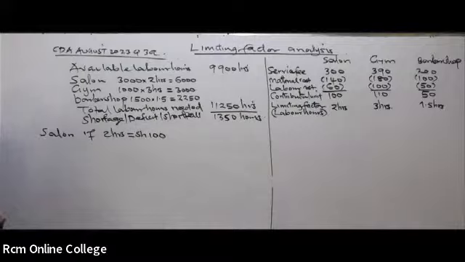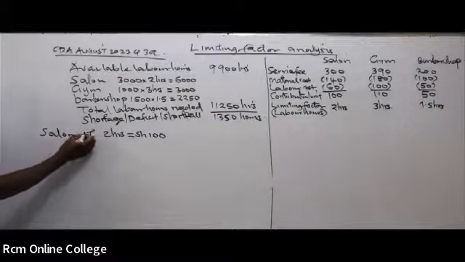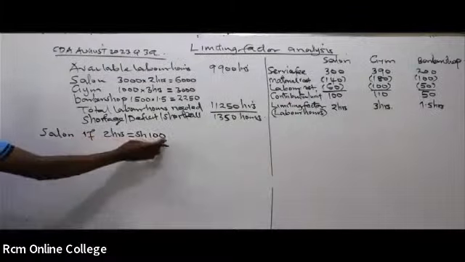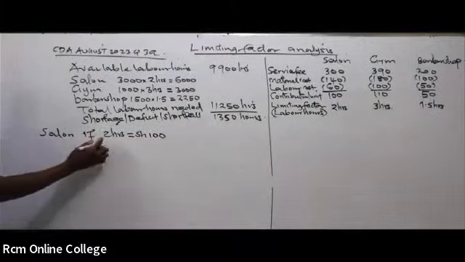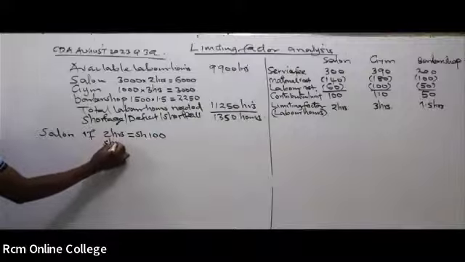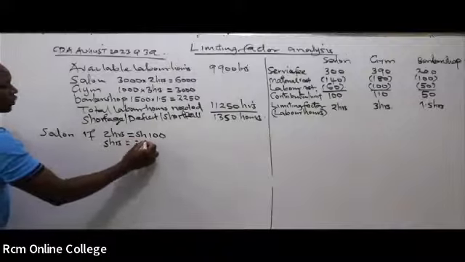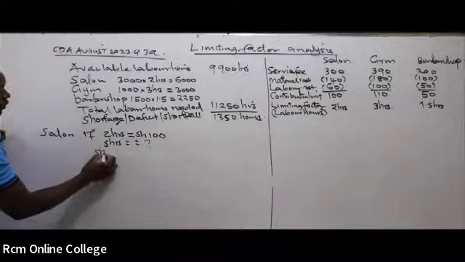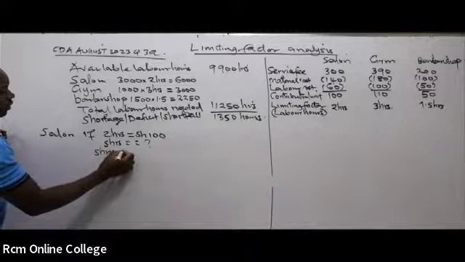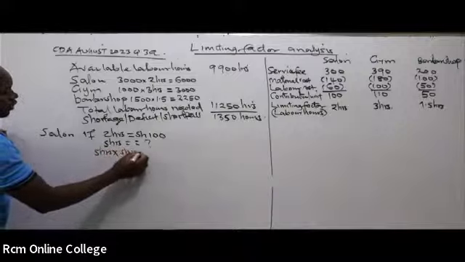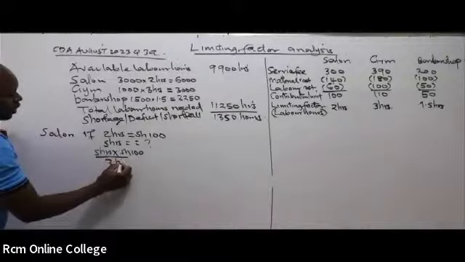Therefore, how much will the company make if you were to use 5 hours? If 5 hours were to be available, how much will the company make as a profit? So we cross multiply. 5 hours times 100 shillings over 2 hours.